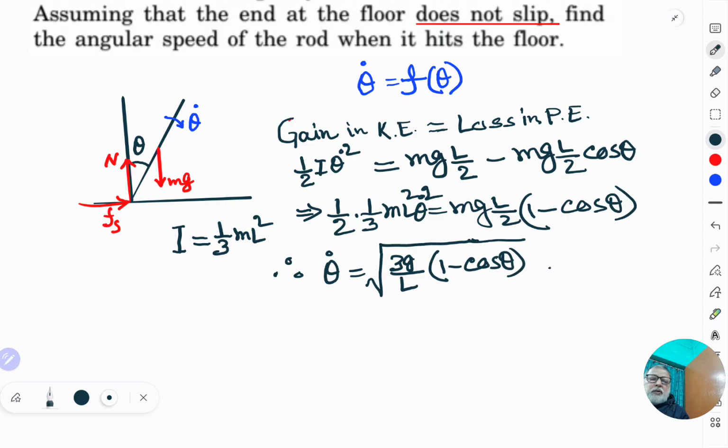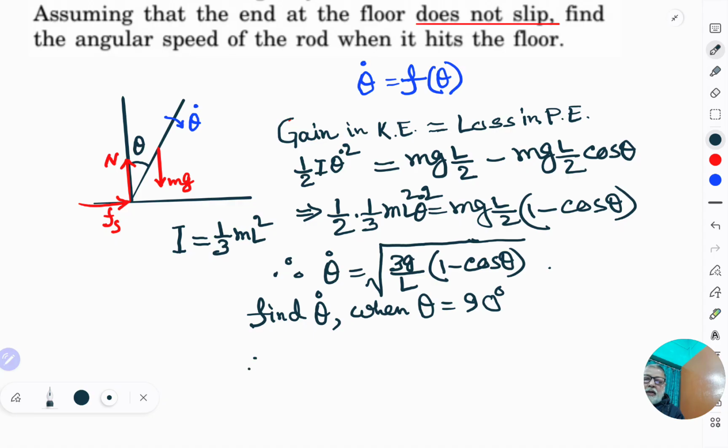In our particular question, we have to find out theta dot. Question is find theta dot when theta is equal to 90 degree. It is about to strike the floor. Theta is 90 degree.